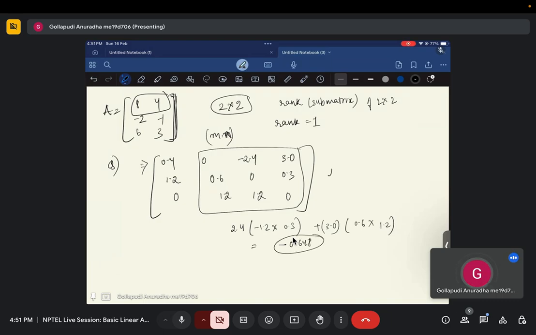So the rank will be 3. I am able to find one submatrix which has full rank, so the rank of this matrix is 3.